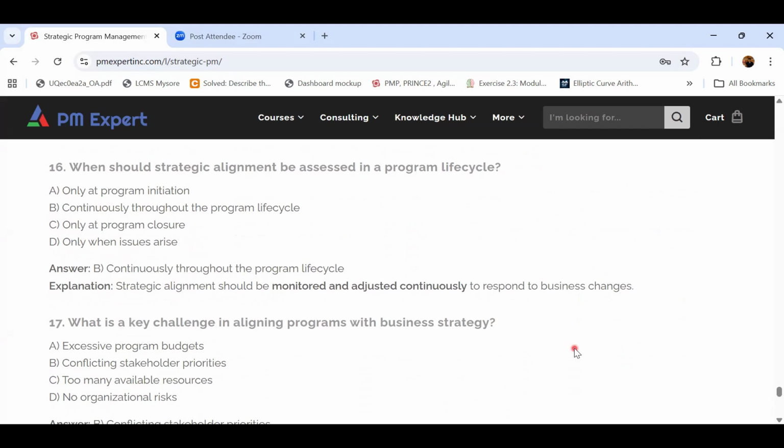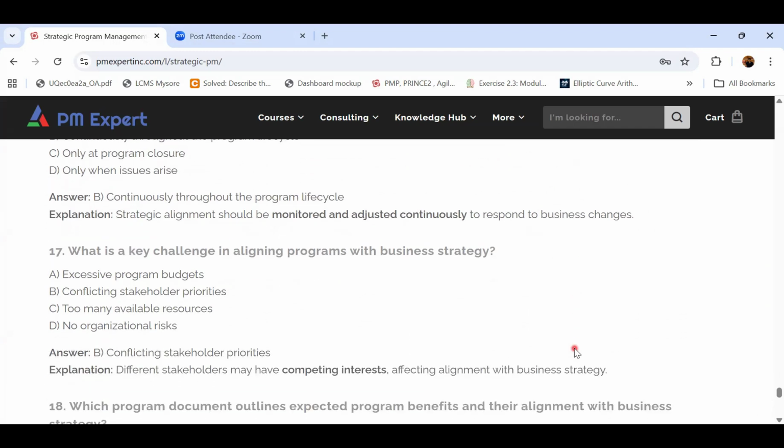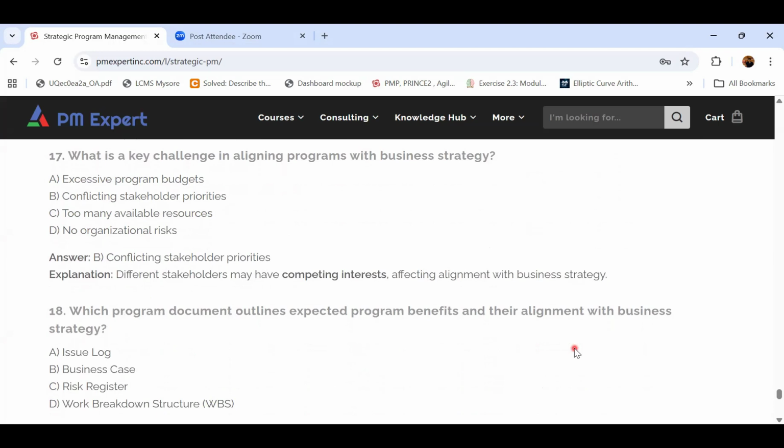What is the key challenge in aligning a program with the business strategy? Again, Bravo. Yes, this is one of the things that will happen, right? Which program document outlines expected program benefits and their alignment with the business strategy?